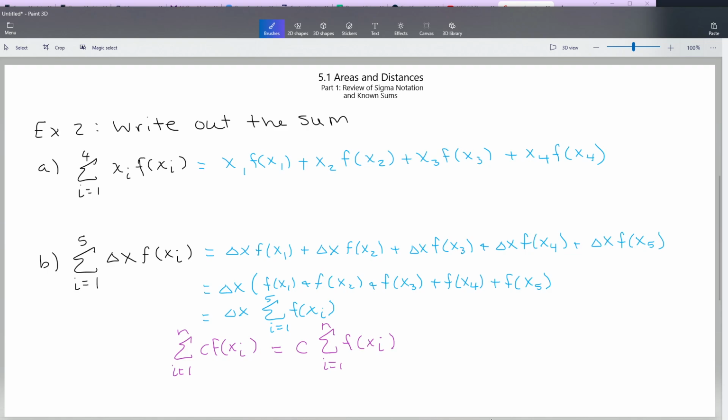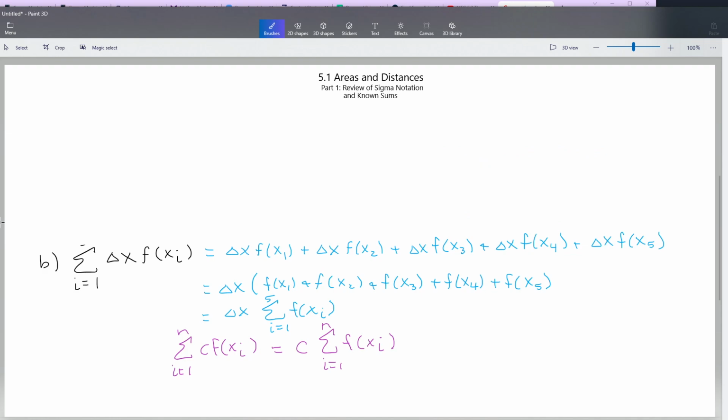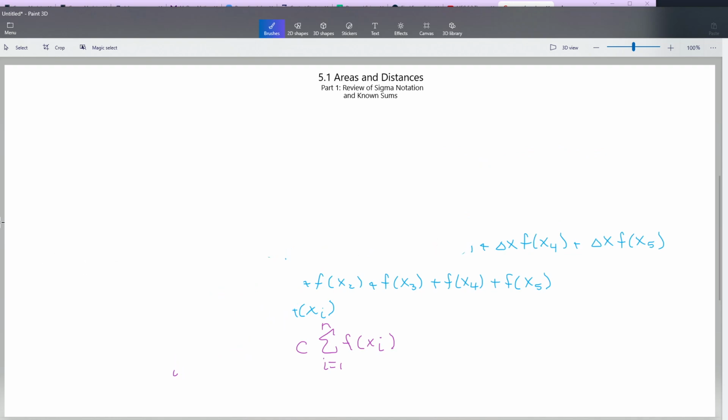All right. Now, the other thing that we're going to need to remember for class is a couple of sums that are well known what the answer is. Okay, so I just want to remind you of what they are so that we can use them during class.